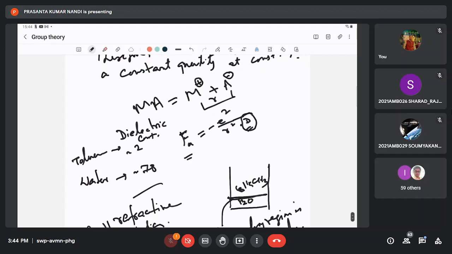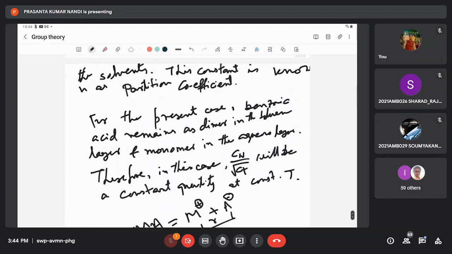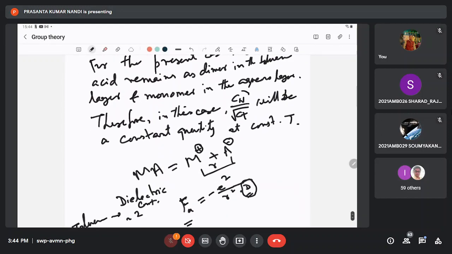Now the next question: why do we put this constant instead of Cw by Ct? Why are we writing Cw, the concentration of benzoic acid in water, divided by the square root of the concentration of benzoic acid in the toluene layer?